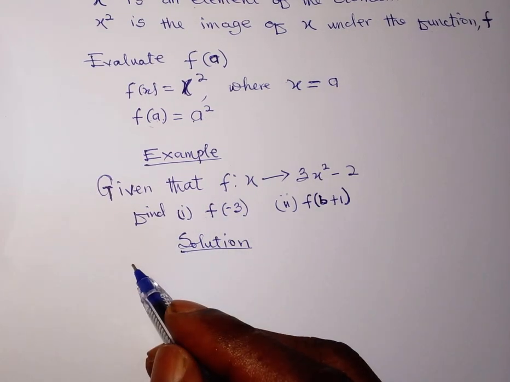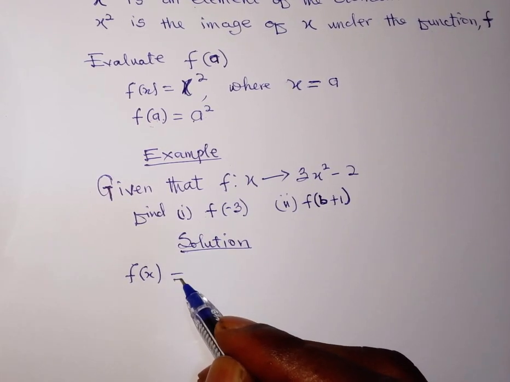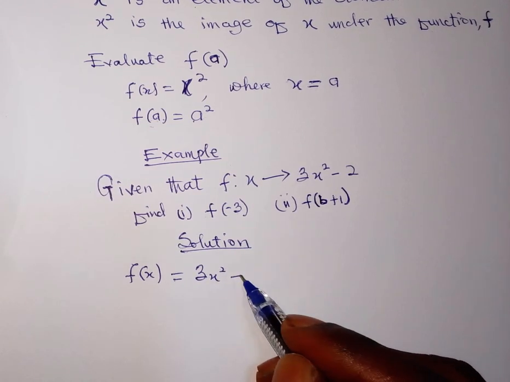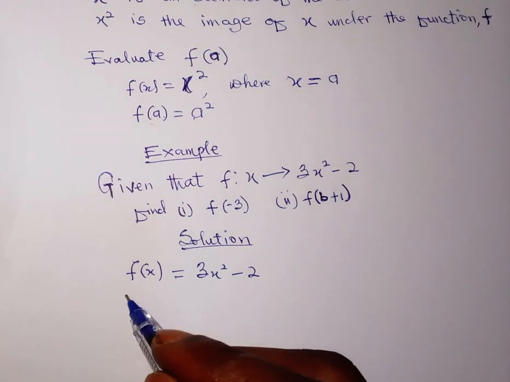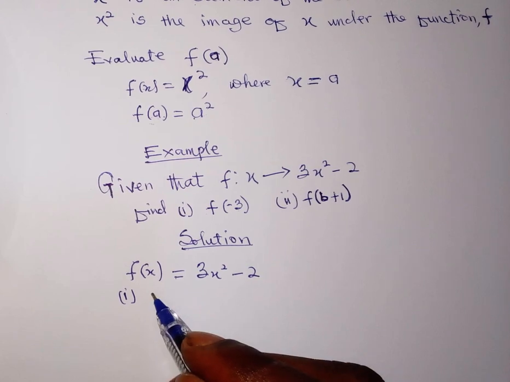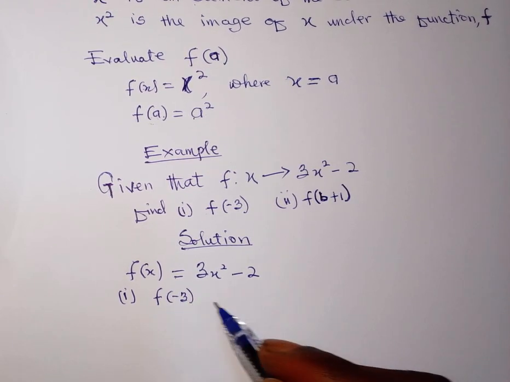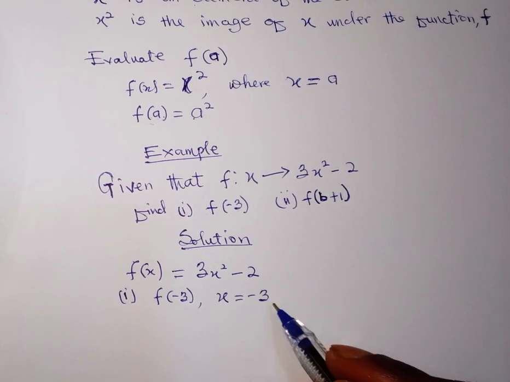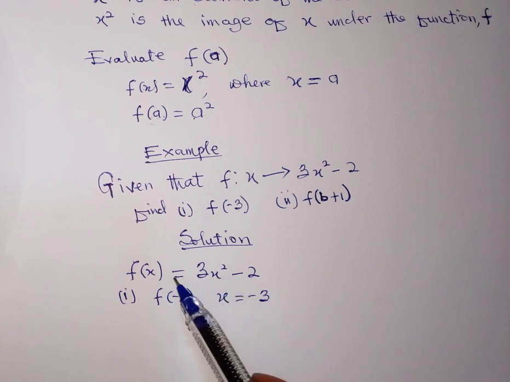So this one can be written as f at x, which is giving us 3x squared minus 2. Now considering the first one, which is (i), where we have f at negative 3, it means that my x is equal to negative 3, and that means wherever I see x in the relation or in the equation, I will just substitute with negative 3.